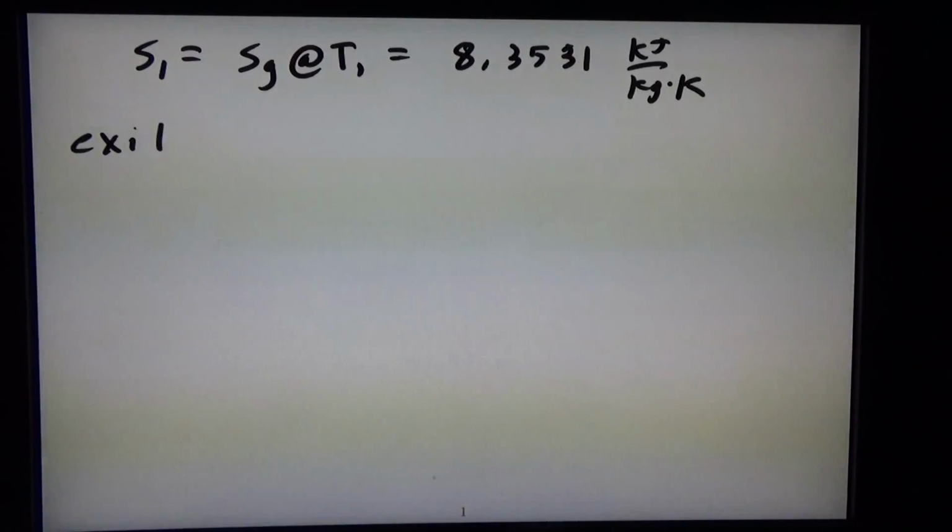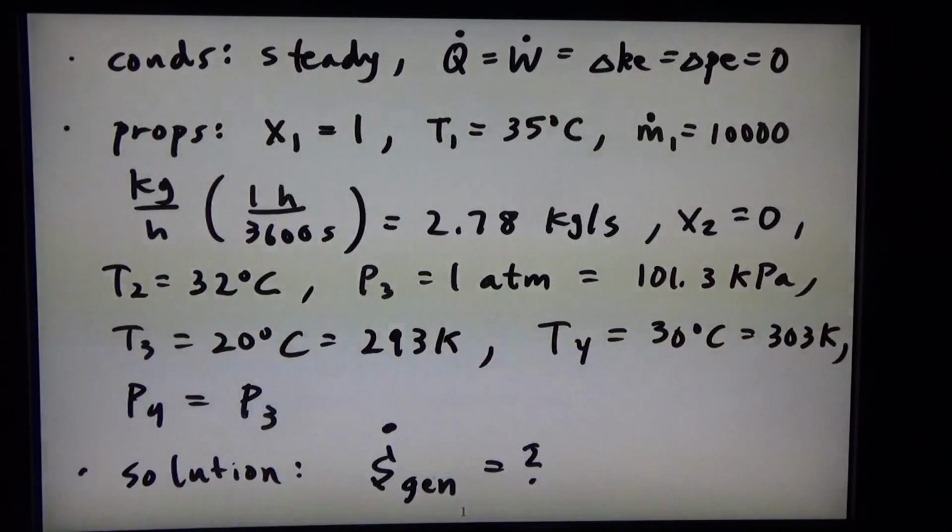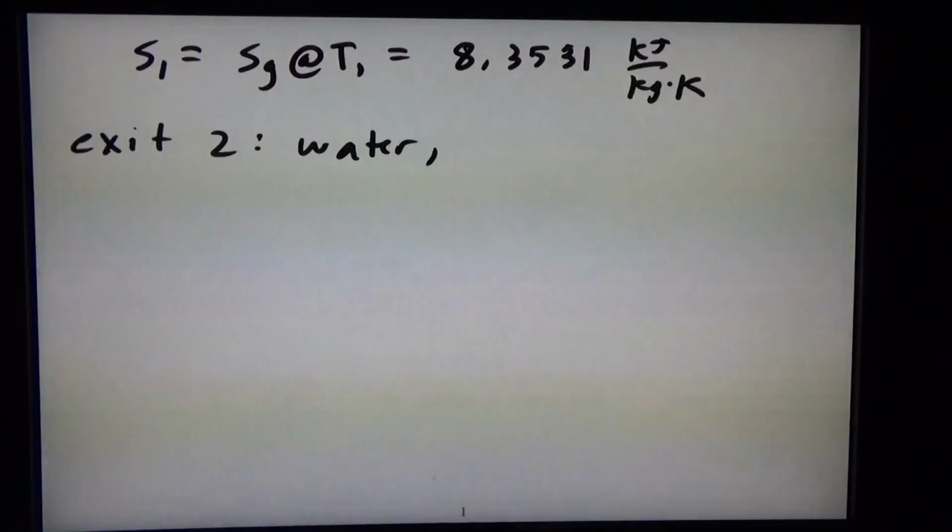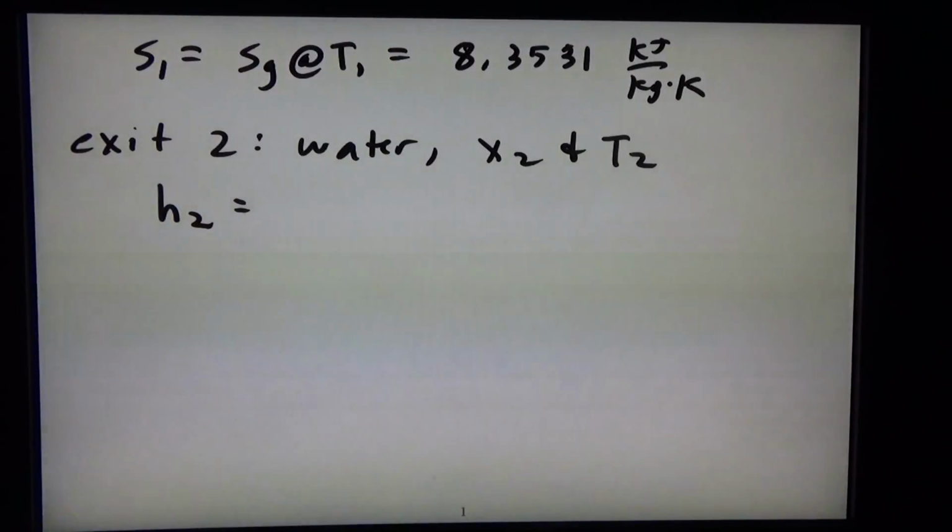If we look at exit 2, or outlet number 2, again we have water. And our properties at exit 2, we have the temperature is 32 and the quality is 0. So our value of h for a saturated liquid, quality of 0, is h sub f at the given temperature.